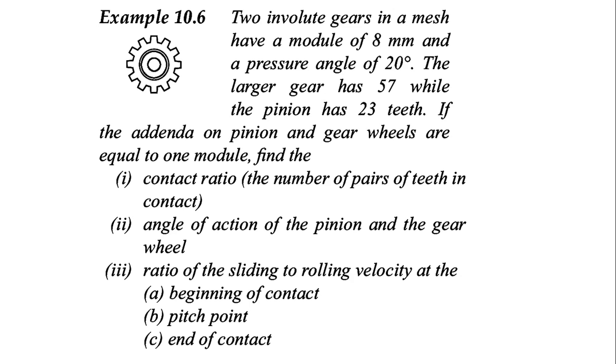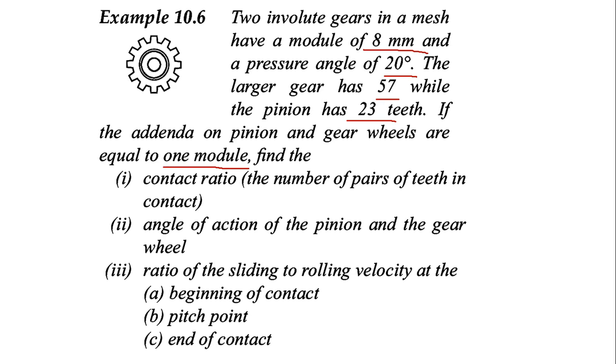In this problem you can see two involute gears in mesh having a module of 8 mm. The module is 8 mm, the pressure angle is 20 degrees, the larger wheel has 57 teeth, whereas the pinion has 23 teeth, and the addenda on the pinion and the gear wheel are equal to one module.